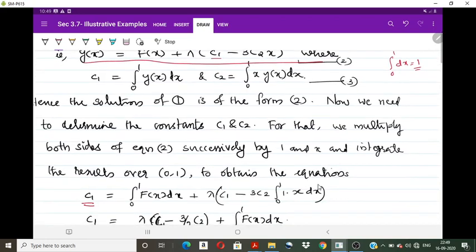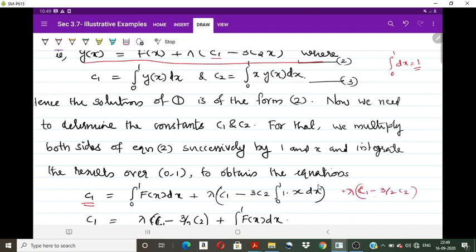So lambda into the first integral is C1, then minus 3 C2 into integral 0 to 1 x dx. Integral 0 to 1 x dx is x square by 2, so this will be 3 by 2 C2. So this will be lambda into C1 minus 3 by 2 C2.